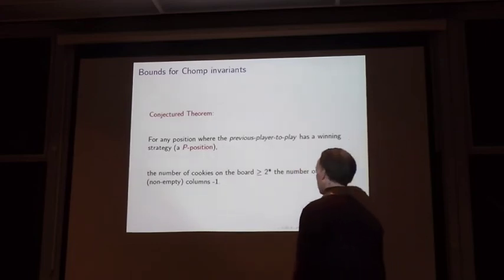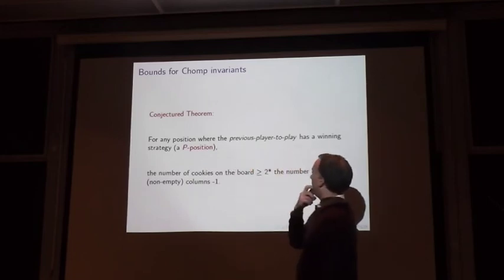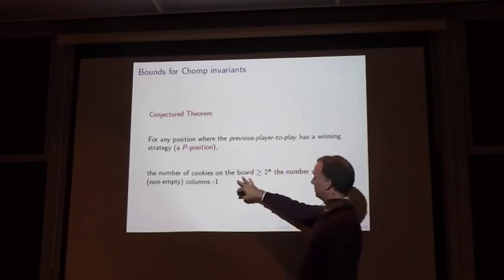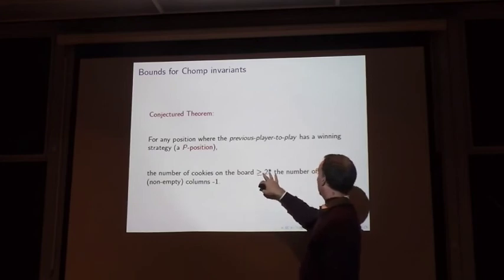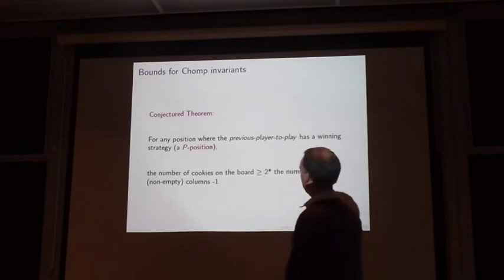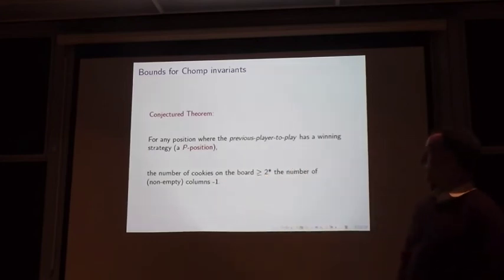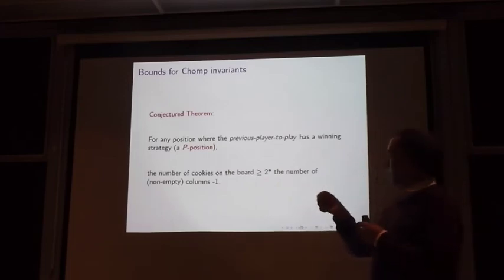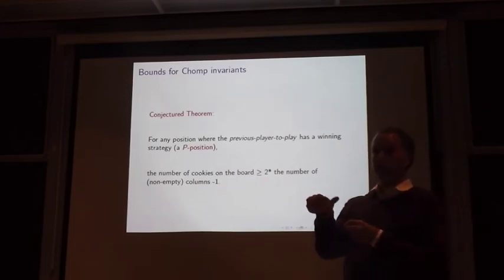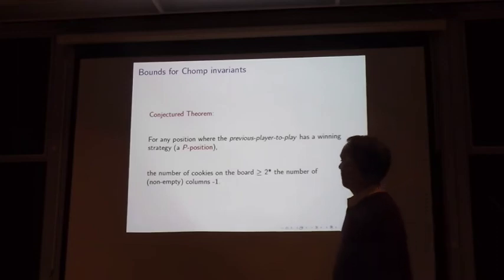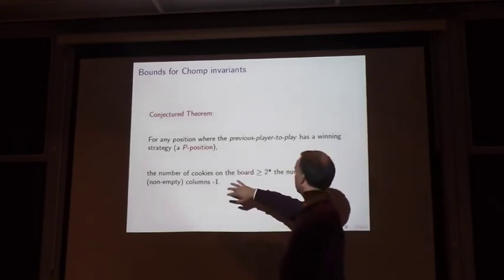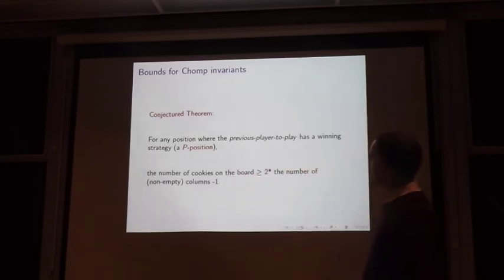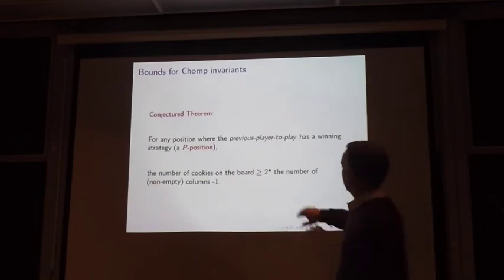And one of the conjectures that the program made is that for a P position, the number of cookies should be at least twice the number of non-empty columns minus 1. And there are actually, so the other kind of positions are N positions, there are N positions that satisfy this condition.